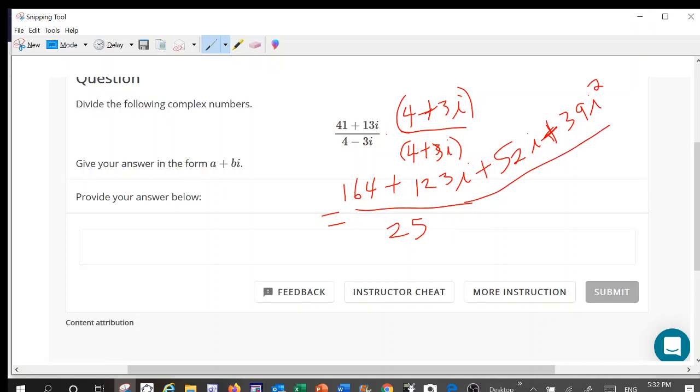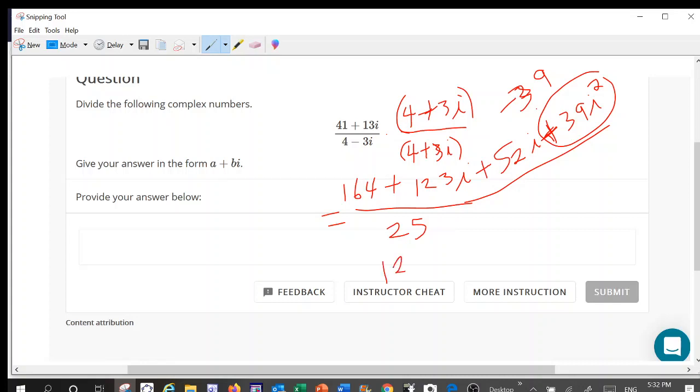That's simplified. Now if you simplify that, 164, this is actually negative 39, right? Because i squared is negative 1. That makes it negative 39. 164 minus 39 is how much? It's 125, right? So that's 125, and these two add up to 175.